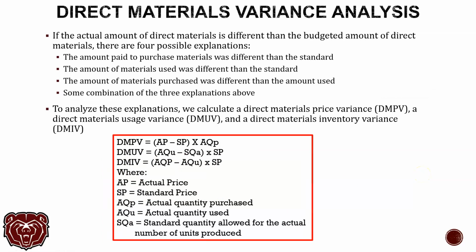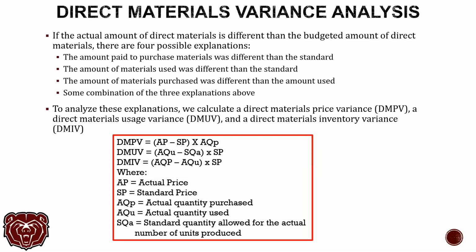Next thing we got to talk about are these material variances. So we're going to have 3 different material variances. We're going to have a usage, a price, and an inventory variance for materials. So if the actual amount of direct materials is different than the budgeted amount of direct materials, we have 4 possible explanations here. It could be that the amount that we paid to purchase the materials was different than the standards, right?